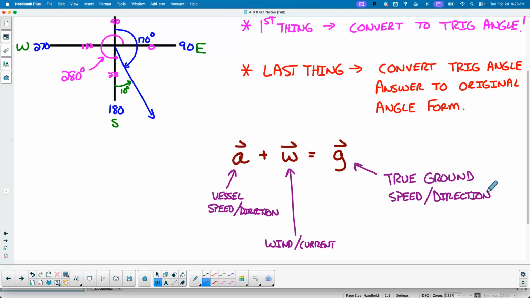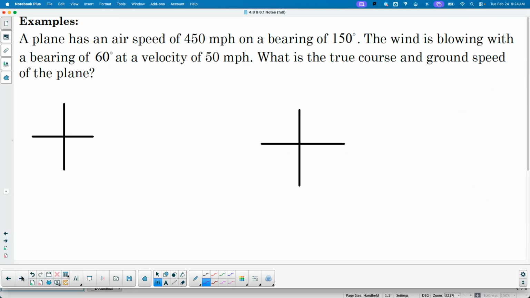If it's coming at you, you're going to go a little slower. And so on and so forth. Words are important. Especially when you're reading these problems, you've got to read them a couple of times to make sure you decipher what you have. Everybody good on A plus W equals G? All right. Here we go.